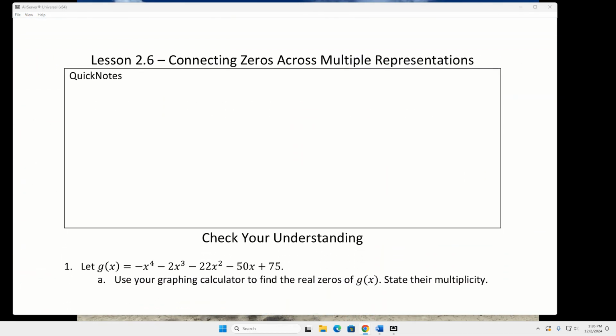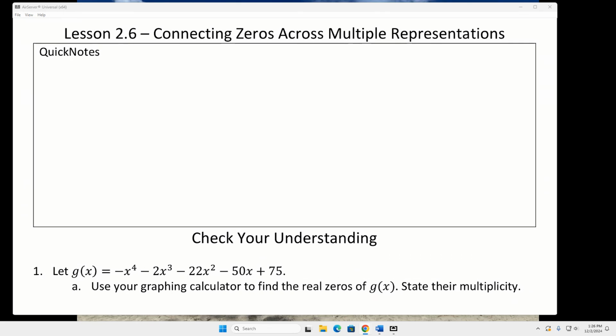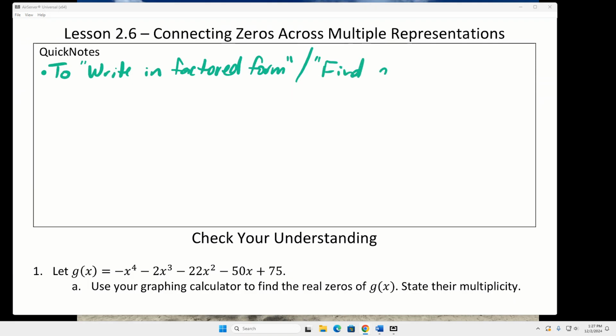Okay, so on the back we're going to fill in the notes. So what they want you to do on here is they're either going to say to write in factored form, or find all zeros.